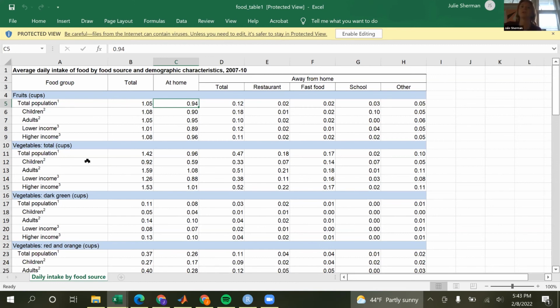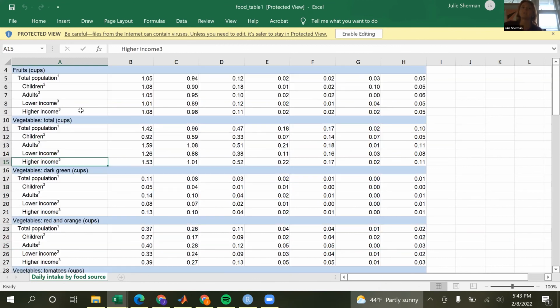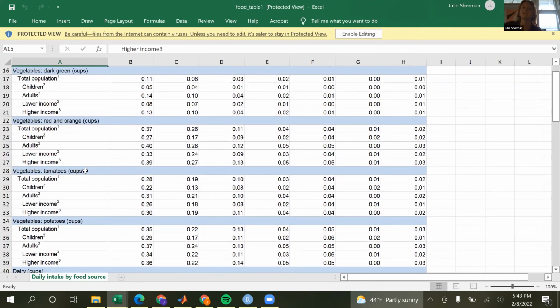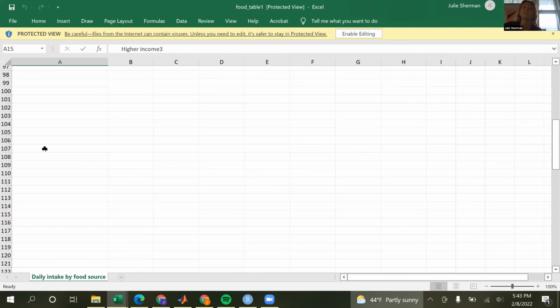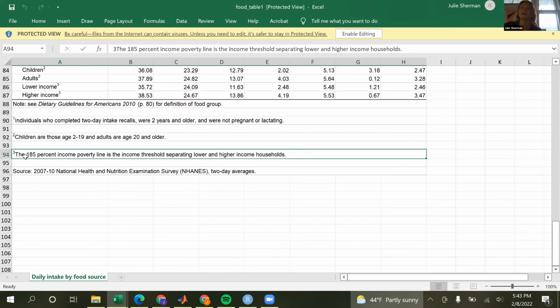So we can break it down by children and adults. We also have lower and higher income levels, and we see how much of these different foods they're eating. And if we scroll down, we see that the 185% income poverty line is the threshold between lower and upper. So we'll have to convert that maybe to an income level if we want to use these different data sets.